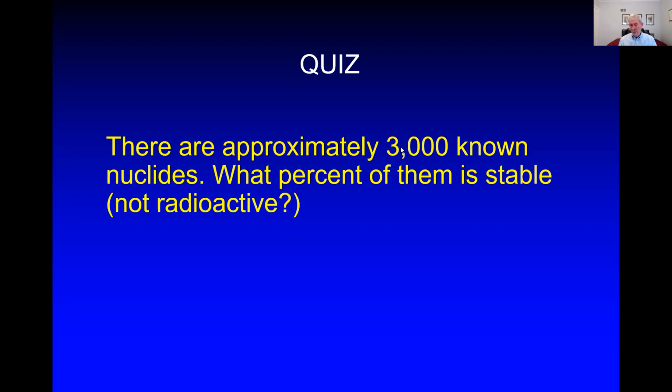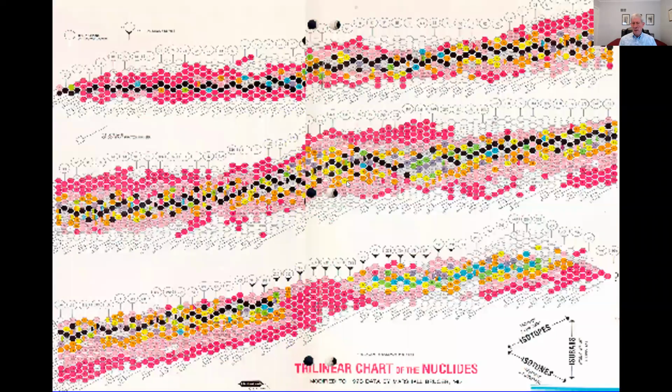And the number of known nuclides is approximately, I think it's 2,850 something, and only 257 or some number like that are stable. Now, this is a chart out of a book called The Trilinear Chart of the Nuclides. It was published by the Mallinckrodt Corporation, and this chart must be 30 years old, maybe more.